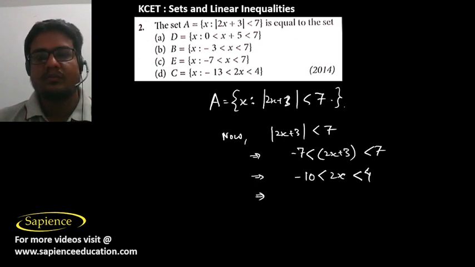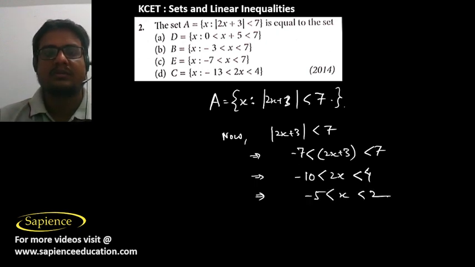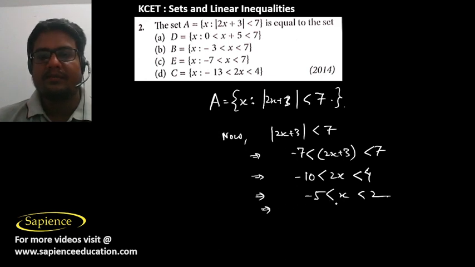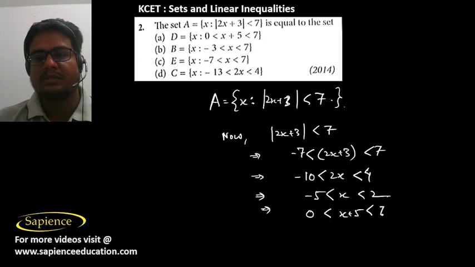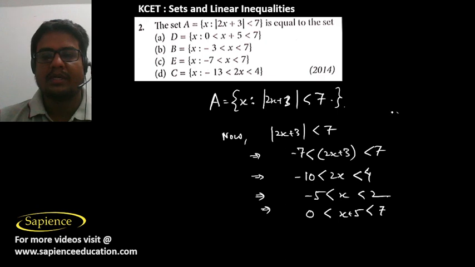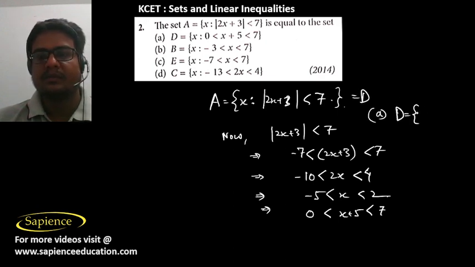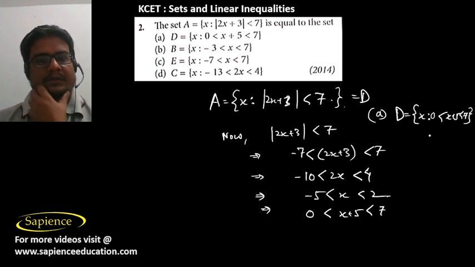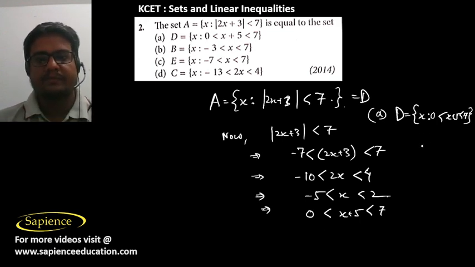Now divide by 2: minus 5 is less than x is less than 2. If we add 5 on all sides, then it will be 0 less than x plus 5 is less than 7. So option A is the correct answer, where A is equal to the set D, which contains all those x such that x plus 5 is greater than 0 and less than 7.